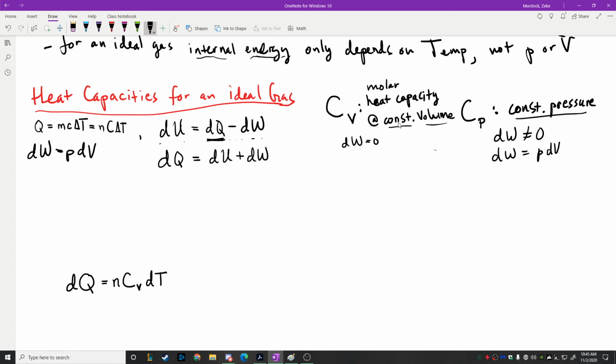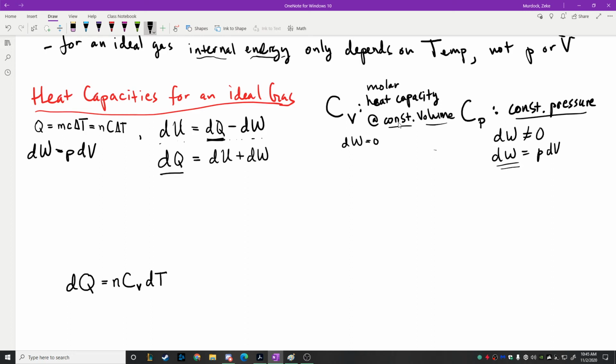So in the case of constant pressure, because you have this extra term right here, then the dq has to be greater, right? Does that make sense? I feel like I explained that in a really complicated way.